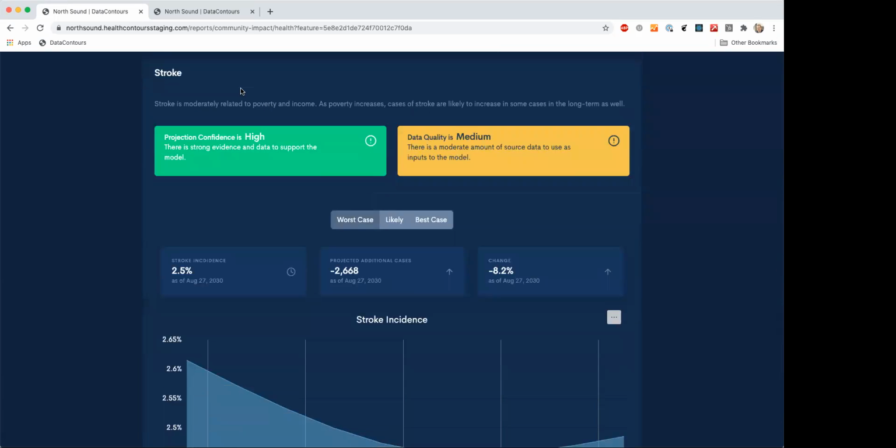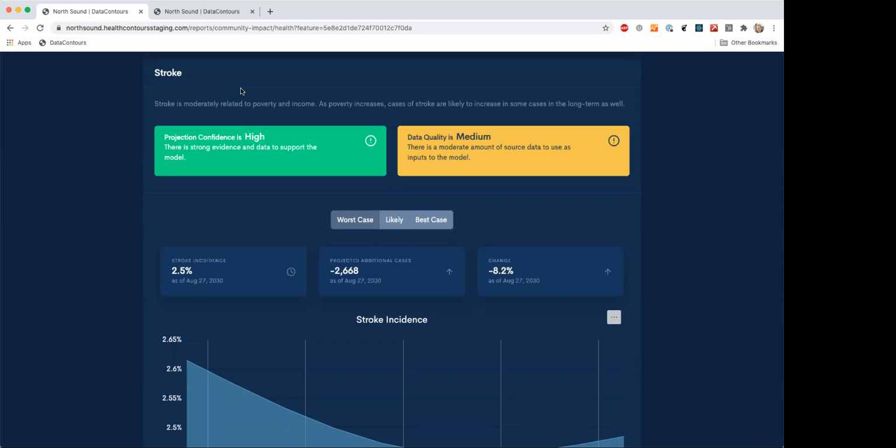And then we have stroke here as the other health outcome projection. The modeling confidence is high, the evidence is good, data quality is medium. There are some interesting relationships between income and poverty and stroke, along with obesity.